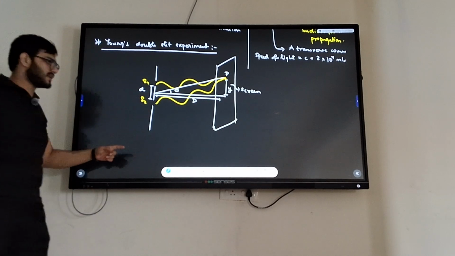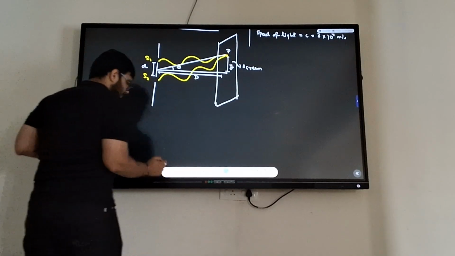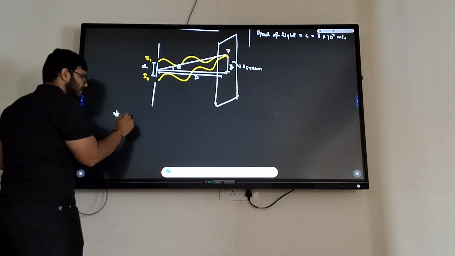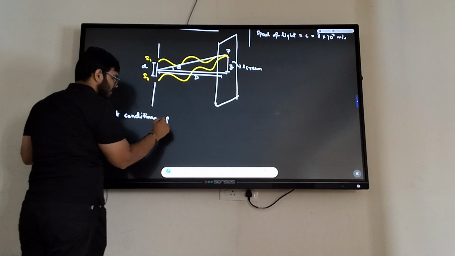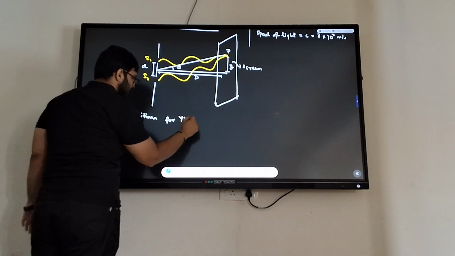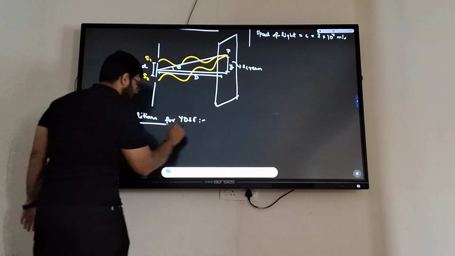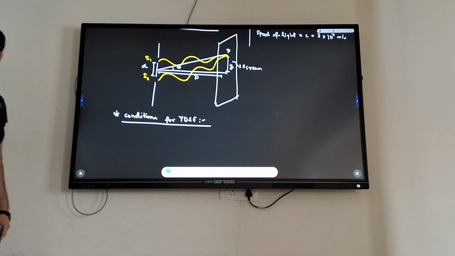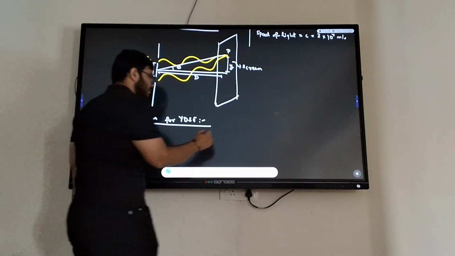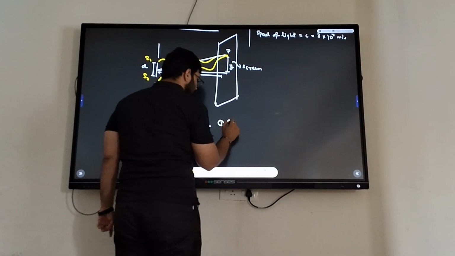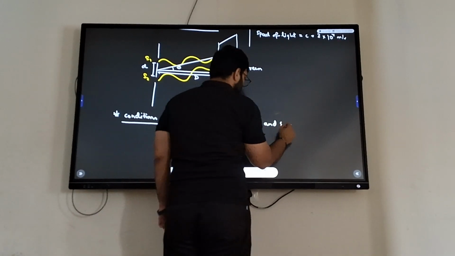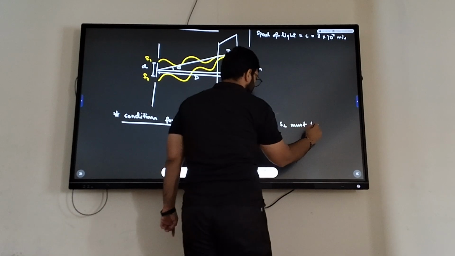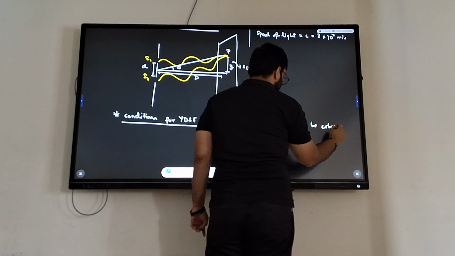And let me write those conditions for Young's double slit experiment. The first condition is obvious, that the sources must be coherent. You have two sources S1 and S2, they must be coherent.